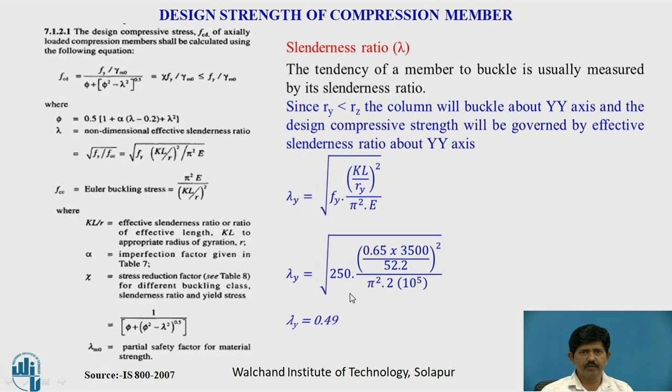Fy is 250, K is 0.65, the length of the column is 3500, and Ry is 52.2. Putting all these values, we get lambda y equals 0.49.